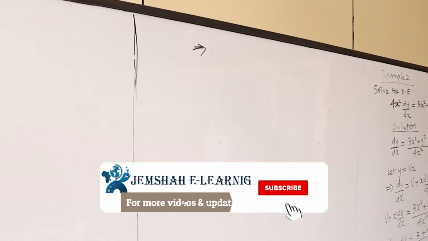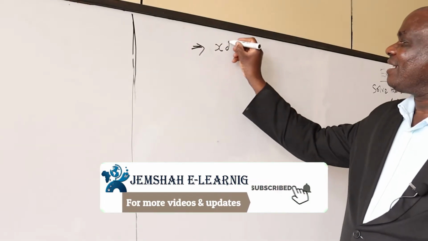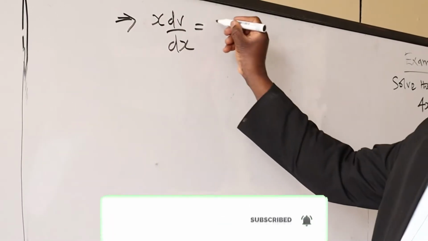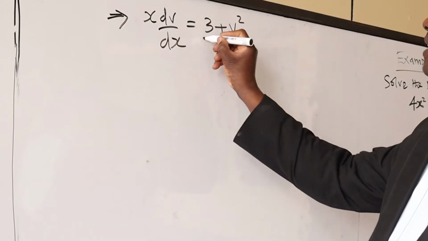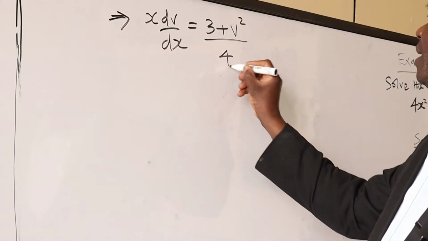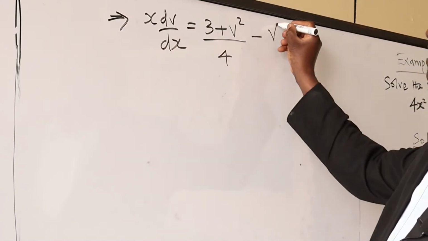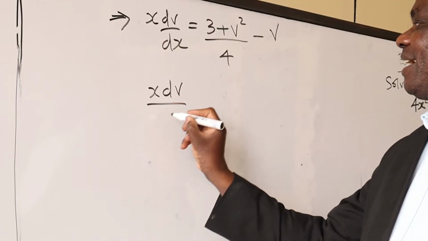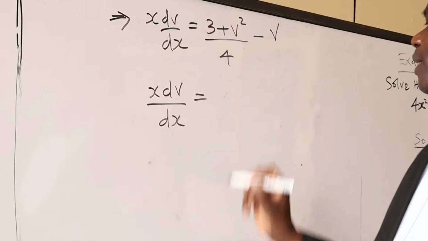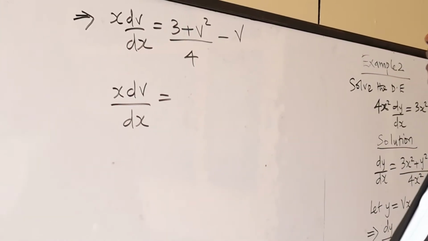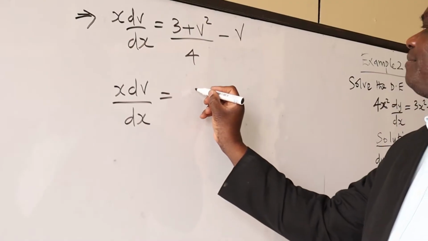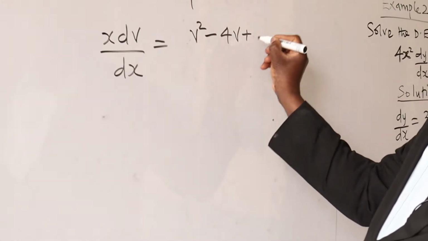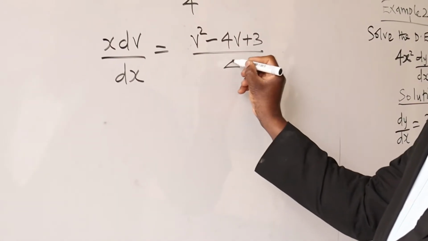This implies x dv dx will be equal to 3 plus v squared all over 4 minus v. So x dv dx will be equal to v squared minus 4v plus 3 all over 4.